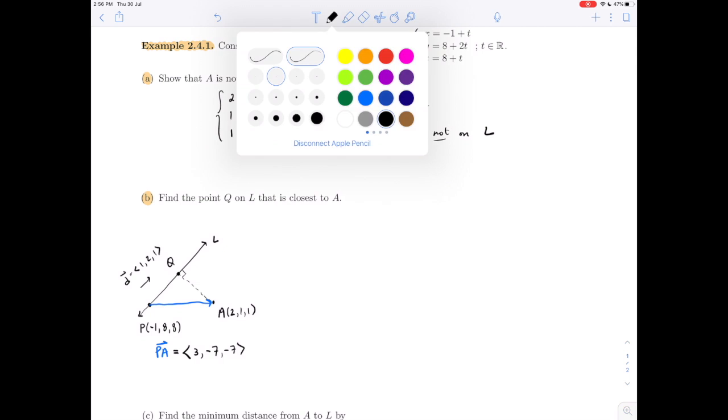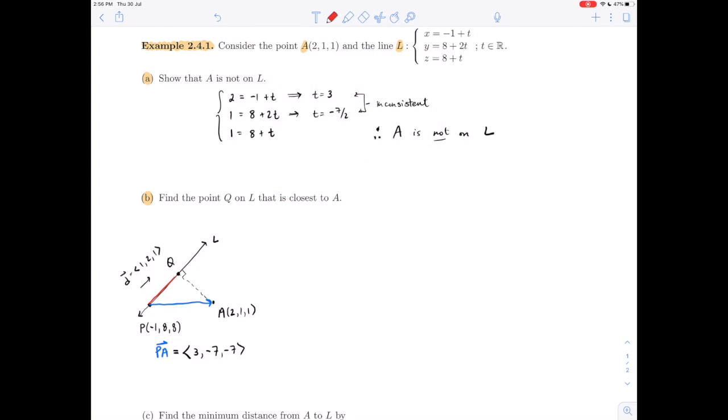Now, vector PQ, which I'm going to use to get from P to Q, is the projection vector.